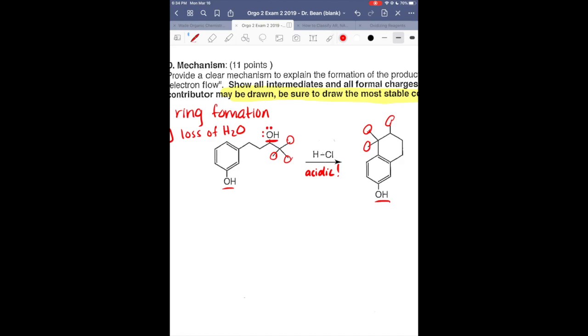Identify my nucleophiles. Here, the benzene is a relatively weak nucleophile. It is a phenol, but nothing is happening to our benzene. So let's keep it simple on ourselves, right? We're going to want to protonate this. Right, so I'm going to protonate it first.